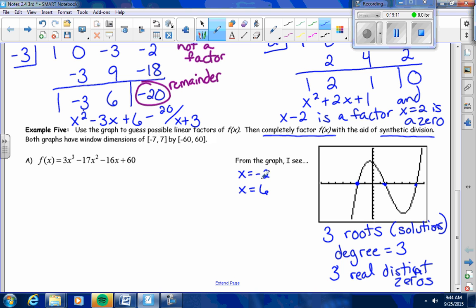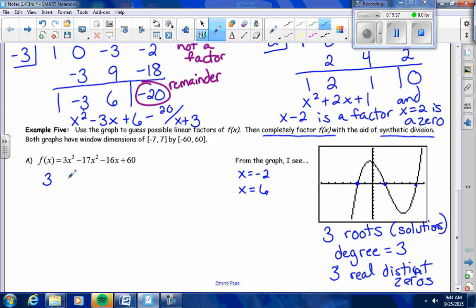Okay? So we're going to take one of the zeros where it's crossing exactly, and we're going to use that in the synthetic division. So my synthetic division, look at the polynomial. It starts with x cubed. Is every power of x accounted for going in descending order? Yes. So what's my first coefficient?